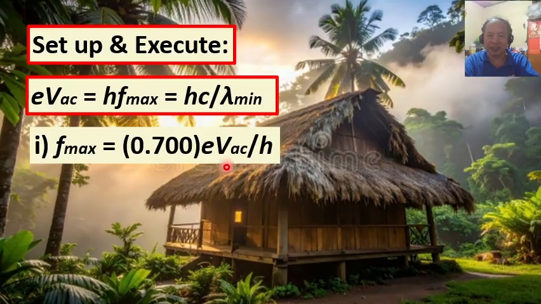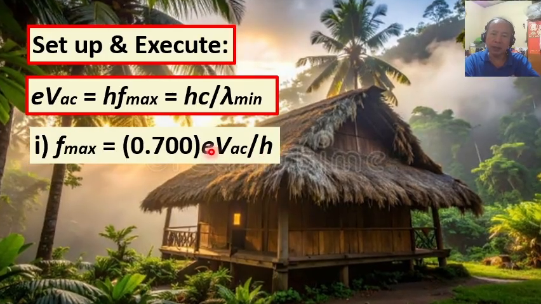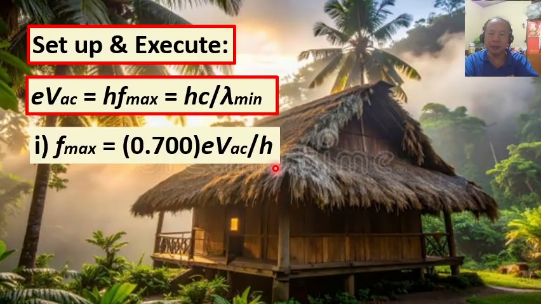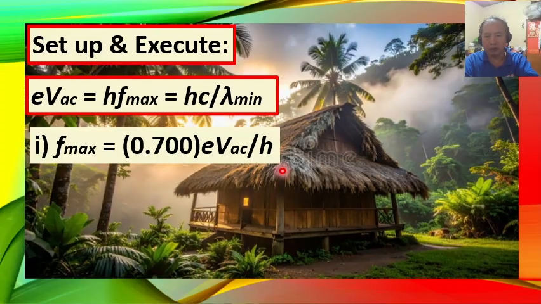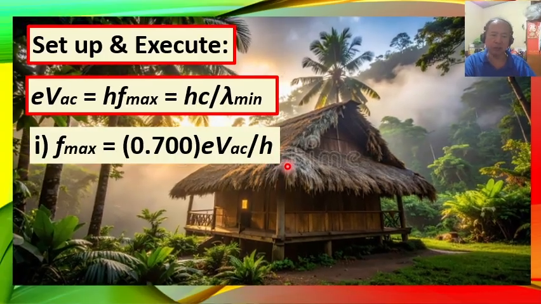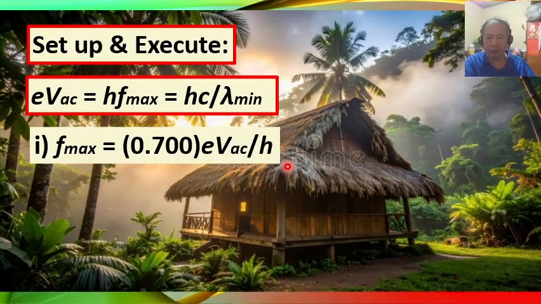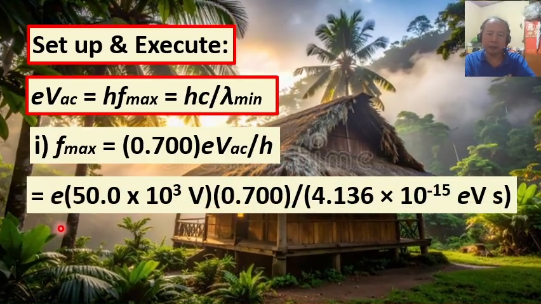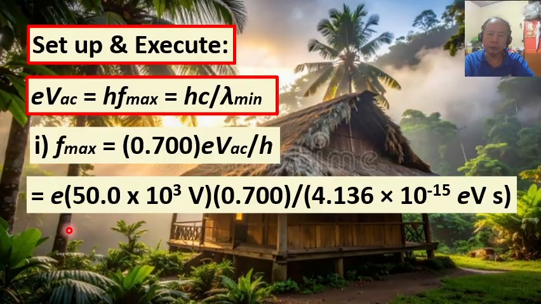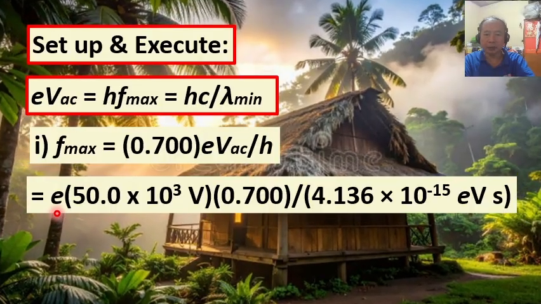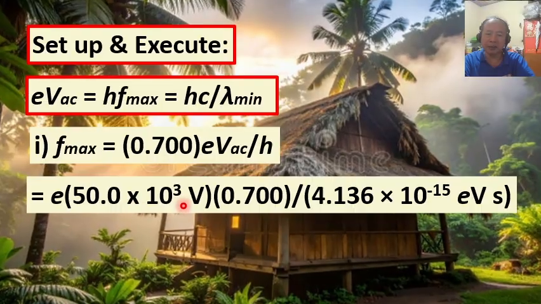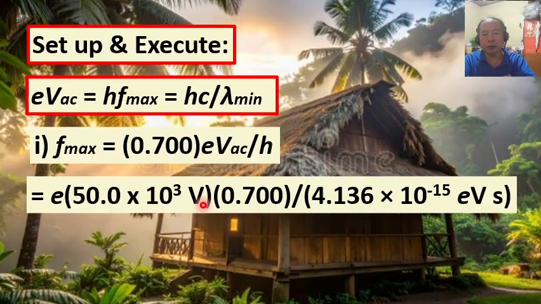That is represented here by e times capital V of AC and then divided by the Planck's constant h. That is, the maximum frequency is equal to the charge of an electron multiplied by 50.0 times 10 raised to the third power volts.